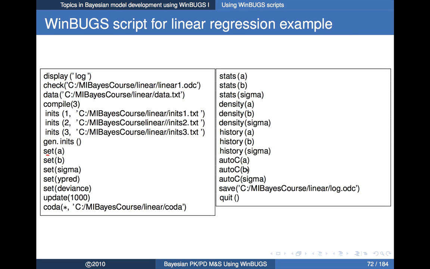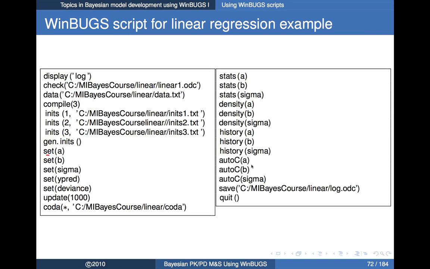Then you can do various things, like when we were doing plots before and some tables. Stats will do some summary statistics on the MCMC samples for the various parameters that you specify. Density will create these marginal density plots, and the history will create history plots.